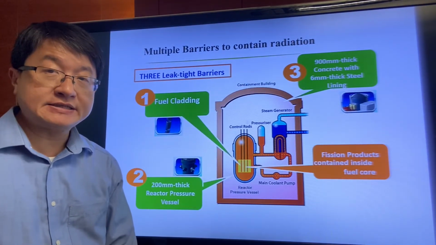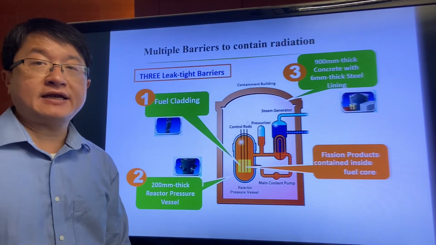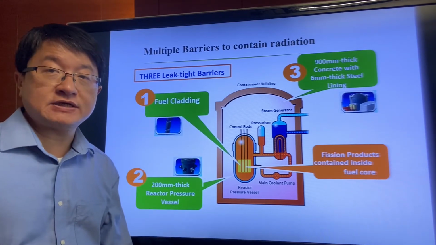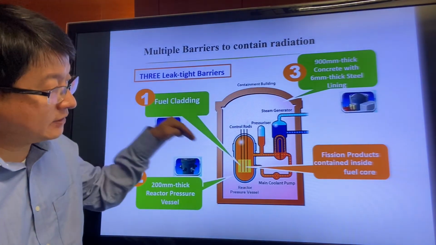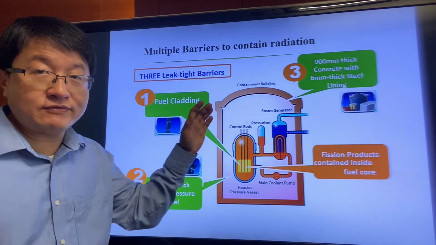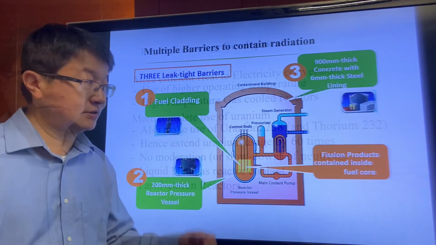And inside this concrete wall, there is a 6 millimeter thick steel lining that protects the overall structure. So even if a jumbo 747 aeroplane crashes on the nuclear reactor, the nuclear reactor will still be okay. Only the airplane will be crashed.